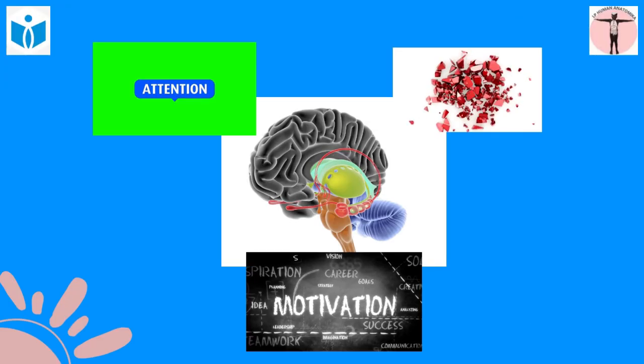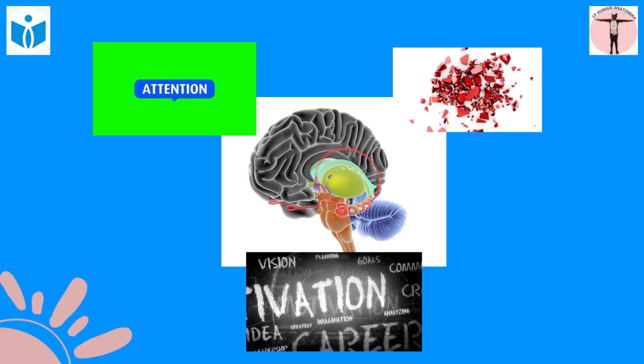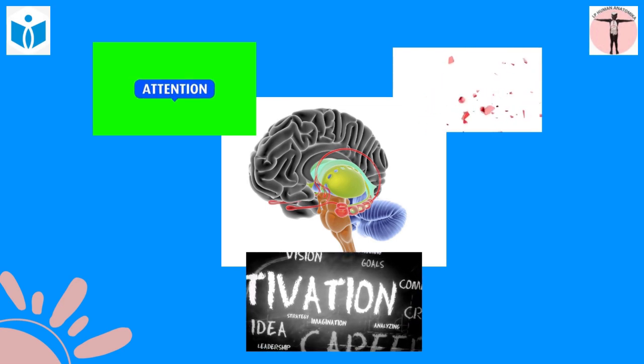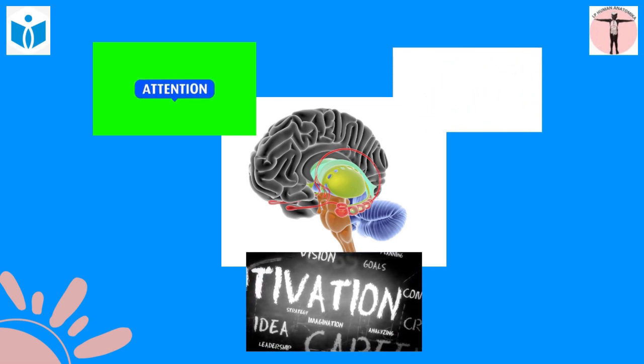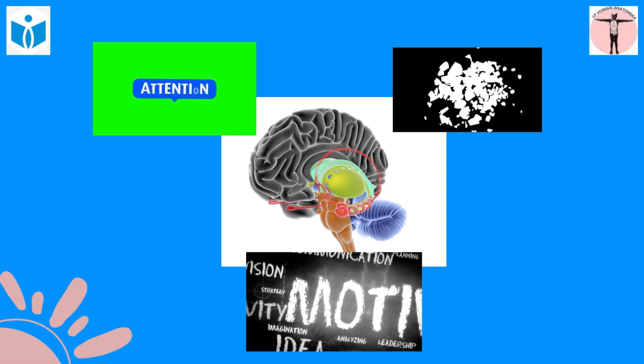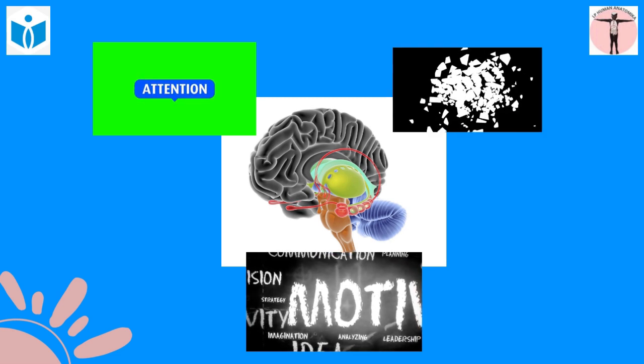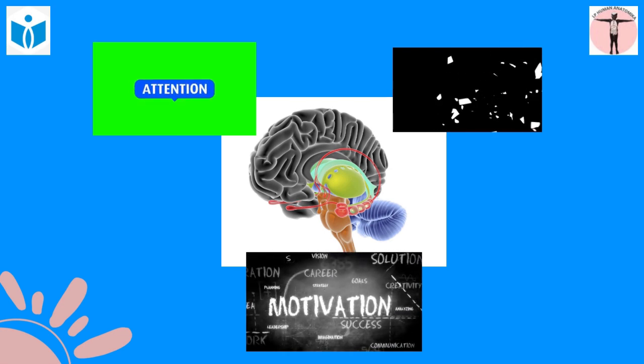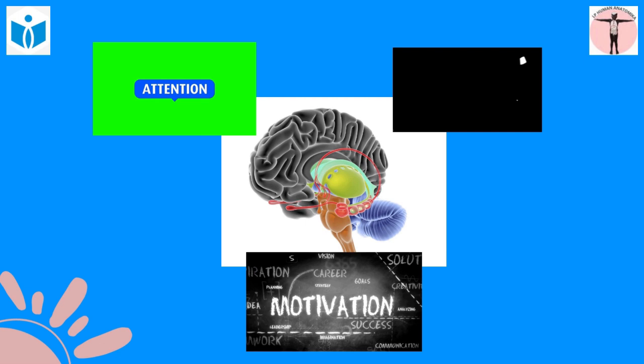The brain has several regions and networks involved in the different stages of memory processing, including the hippocampus, prefrontal cortex, amygdala, and basal ganglia. Memory can be influenced by factors such as attention, emotion, motivation, and sleep.